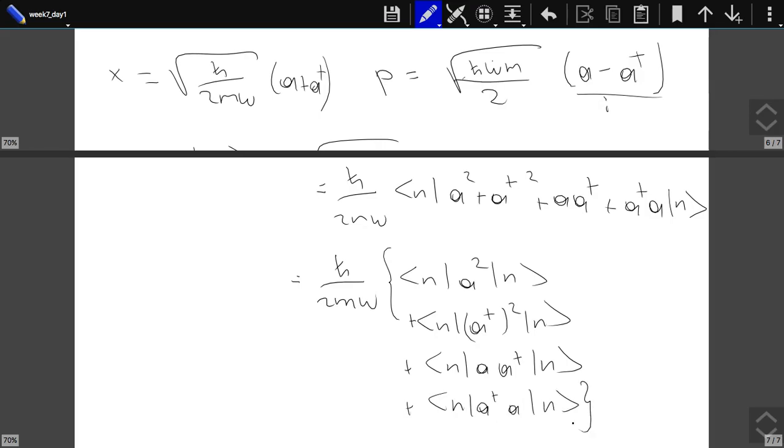Let's look at the first line, the matrix element of a². You see, a acting on |n⟩ lowers n by 1. So a² acting on |n⟩ is a ket proportional to |n−2⟩. Its overlap with the bra ⟨n| is 0. So this is basically 0.